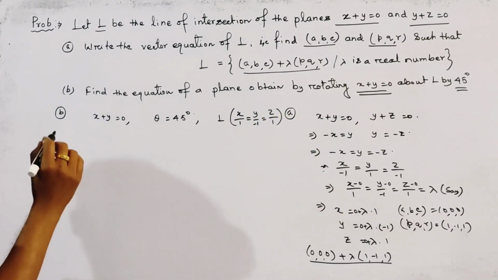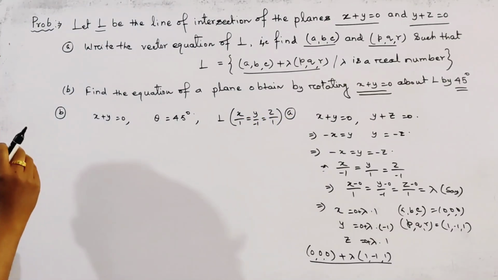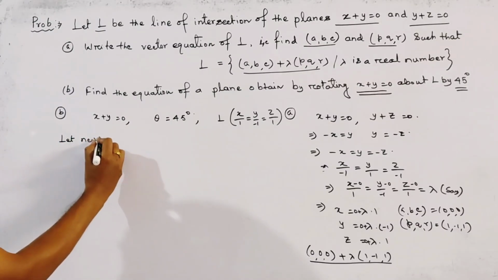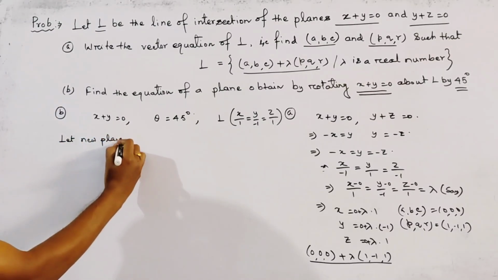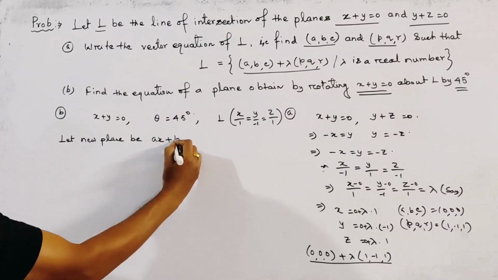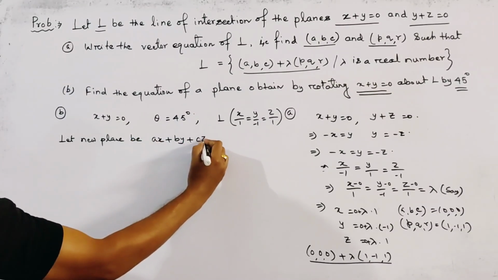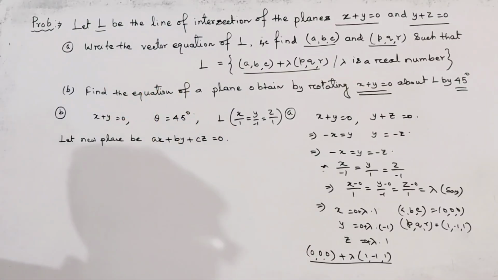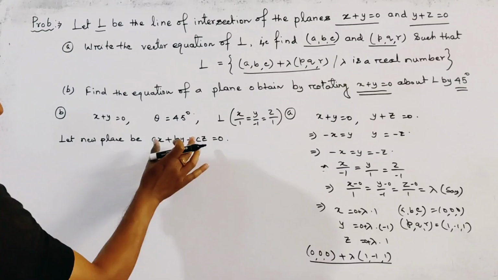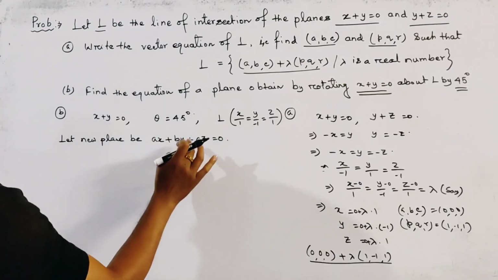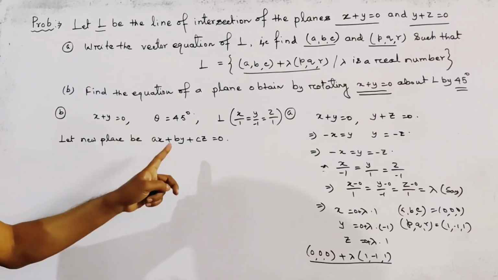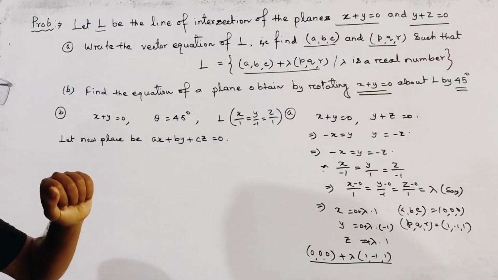Now let the new plane be ax + by + cz = 0. We write the plane in this form because the plane must pass through the origin.